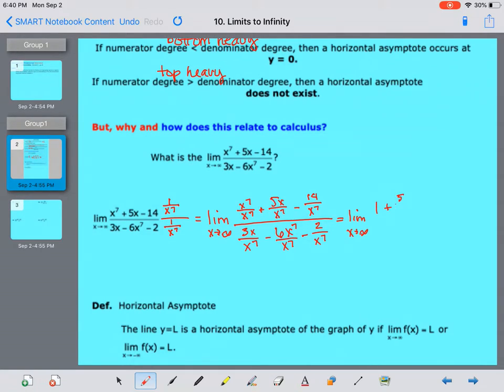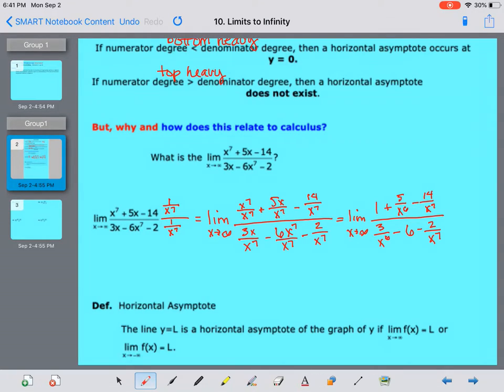I'll get 5 over x to the 6, using my properties of exponents. That will remain 14 over x to the 7th. On the bottom, we get 3 over x to the 6 minus, and this reduces down to 6 minus 2 over x to the 7th.